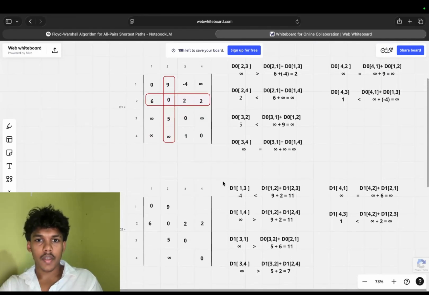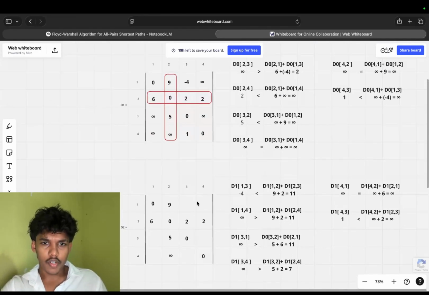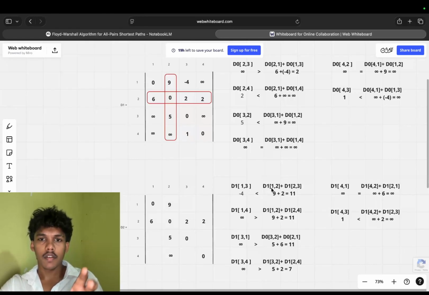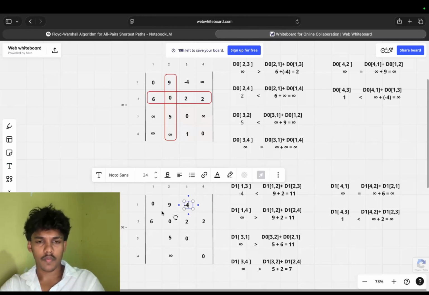now first we have to calculate 1 to 3. So 1 to 3 in the D1 matrix will be minus 4. Since we are getting the middle element as 2 here, we have to calculate 1 to 2, then 2 to 3. 1 to 2 is 9, 2 to 3 is 2, so the answer is 11, but minus 4 is less than 11, so we will choose minus 4.